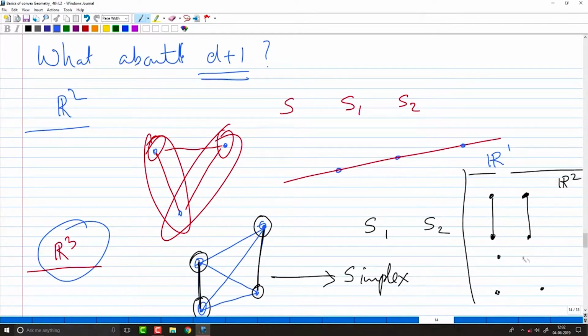So, I will take these 2 points and these 2 points, and their convex hulls will intersect. It does not have to contain a point of A, because if they contain a point of A, then S1, S2 cannot be a partition of set S. As a point set, it has to be a partition.